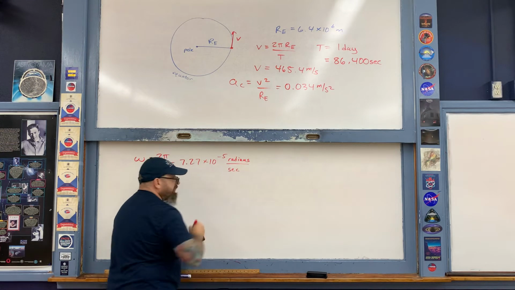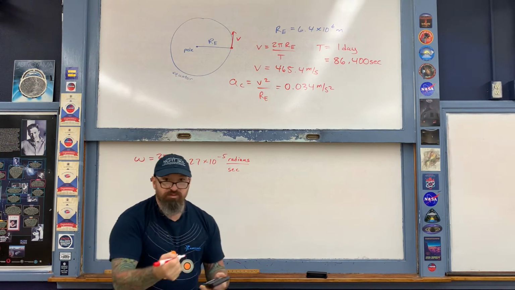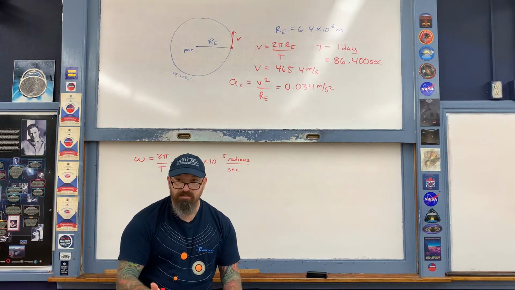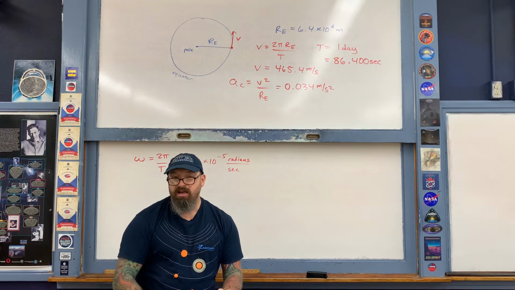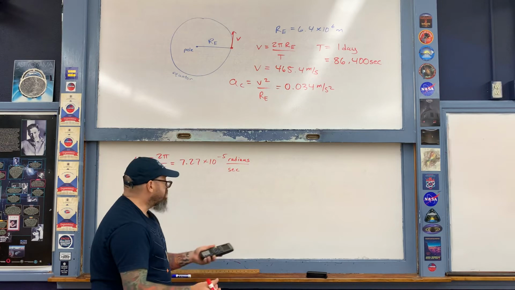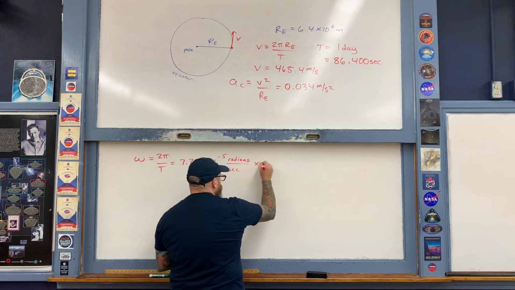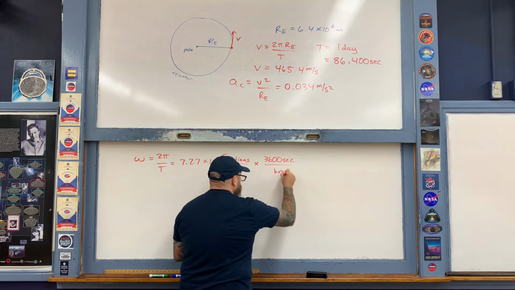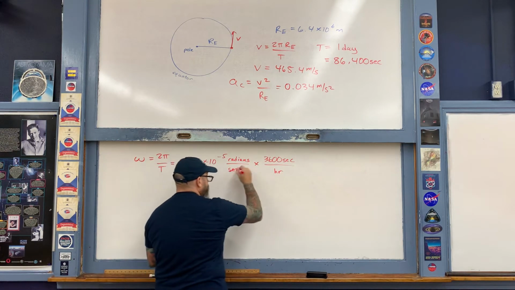Okay, and now let me go ahead and convert this into degrees per hour such that we can then relate it to, for example, the time zones and what we see in the sky as the Earth rotates. So let me do some converting here. What I'm going to do is multiply by 3,600 seconds per hour. That's 60 times 60.